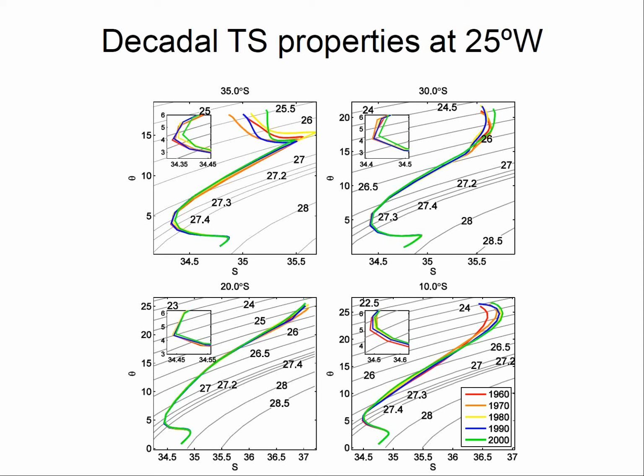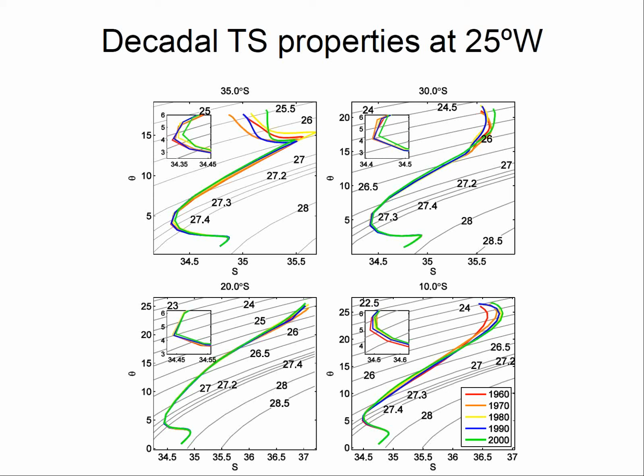In the South Atlantic at 25 west, you see how the TS changes over the decades. I started analyzing since the 60s, because in the 60s ICOADS starts having over 2 million profiles a decade, over those times until 2000.